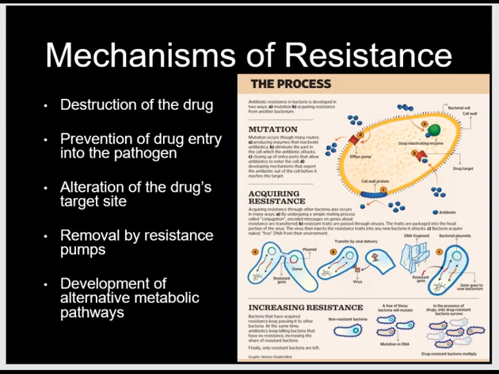If you can read through it a little bit, it tells about the enzymes produced that inactivate antibiotics, getting rid of those links that it used to hook up to the protein, changing the proteins, different entry ports being changed, those pumps being changed, and then it shows in the middle how these cells acquire and pass on this resistance to other cells. And then down at the bottom it talks about increasing resistance. So it's just a good overview as well.